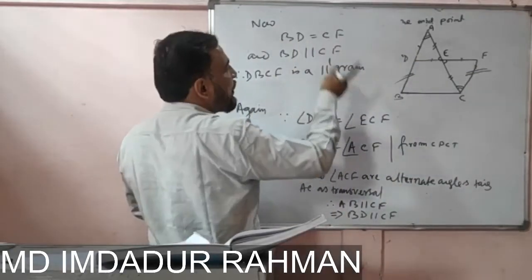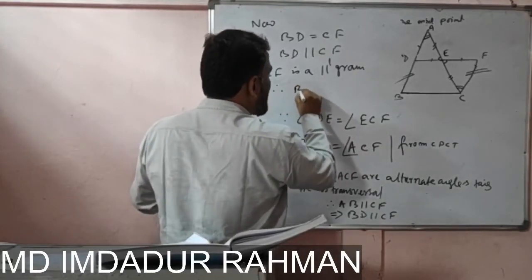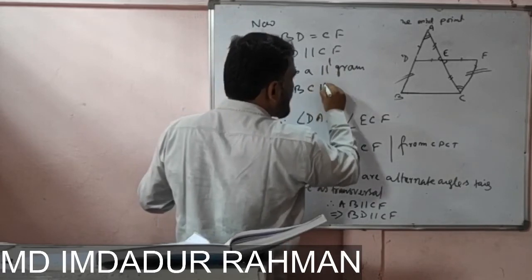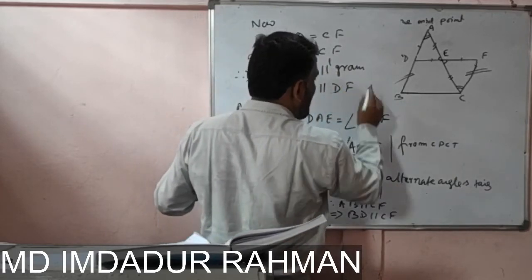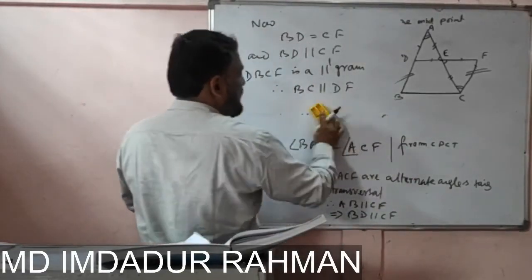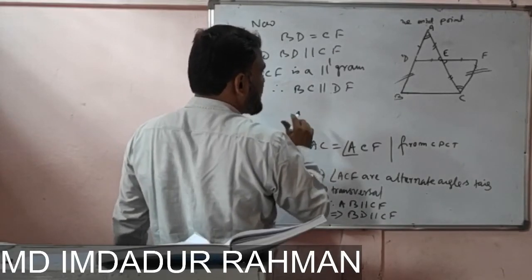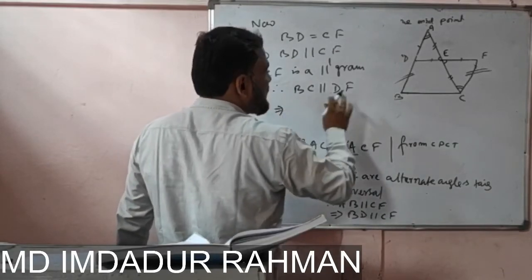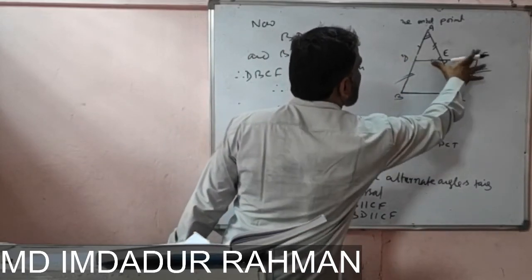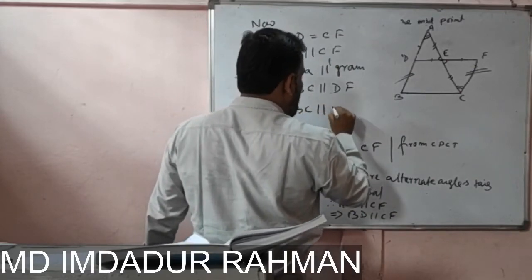If it is a parallelogram, the opposite sides are parallel. Therefore, we can write BC parallel to DF. DE is nothing but the part of DF, so we can say BC parallel to DE.